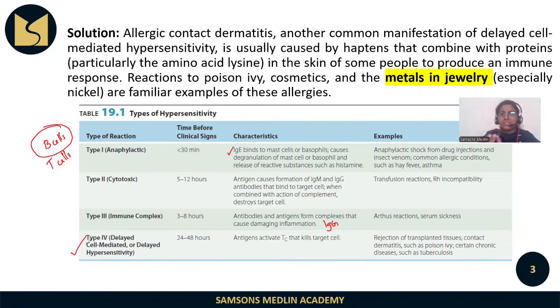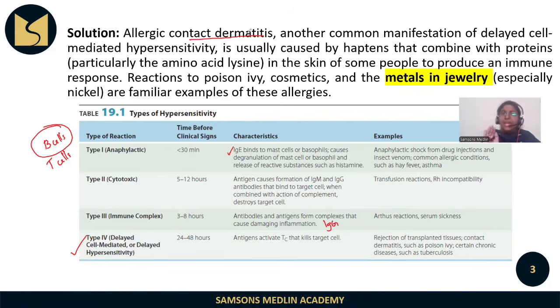So in this question, the allergy caused by jewelry items is an example of type 4, or delayed or cell-mediated, hypersensitivity reaction. We can say it is a type of allergic contact dermatitis. It is not mediated by any of the antibodies.